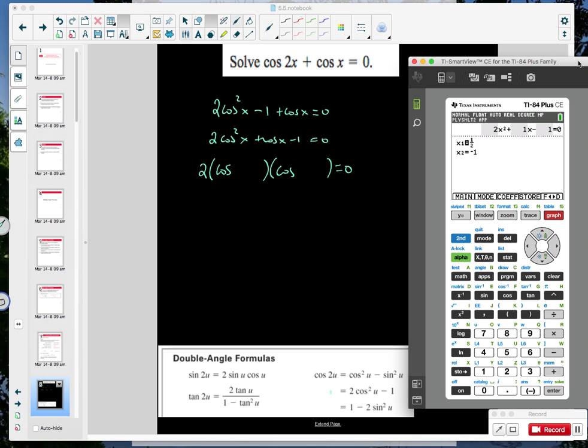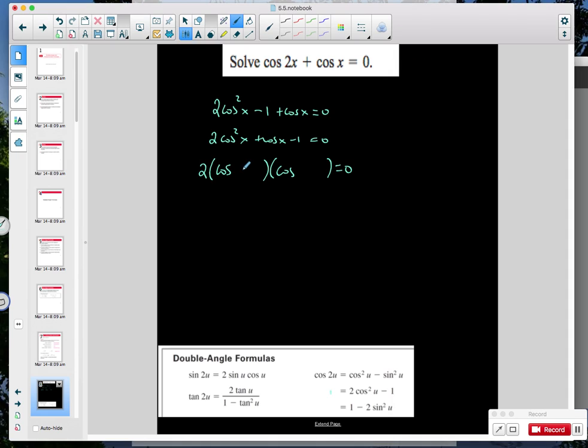Notice I put the opposites of the roots, so it's minus 1/2 and plus 1. Here I'm going to multiply these and I get 2 cosine x minus 1 times cosine x plus 1 equals 0. So from here I get that cosine x equals 1/2, and from here cosine x equals negative 1.